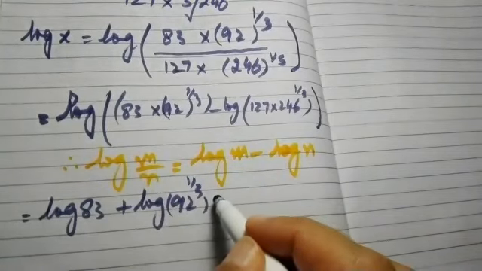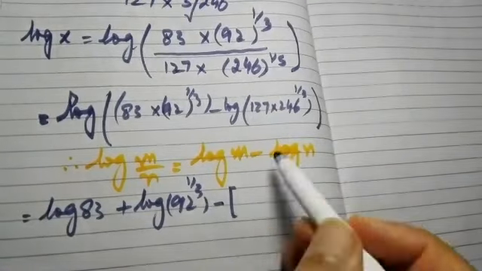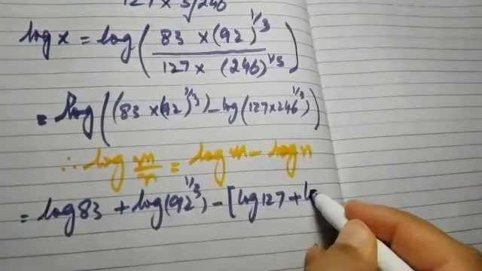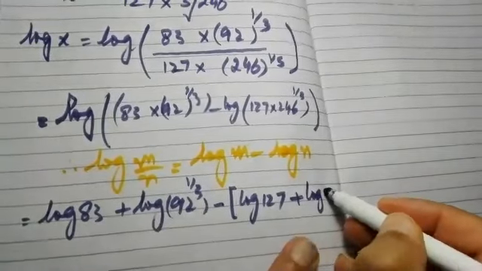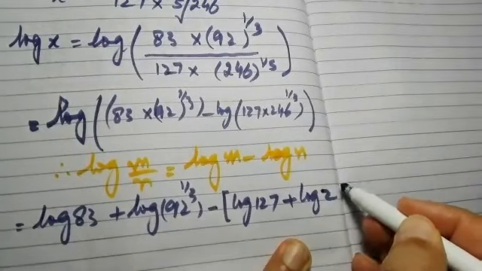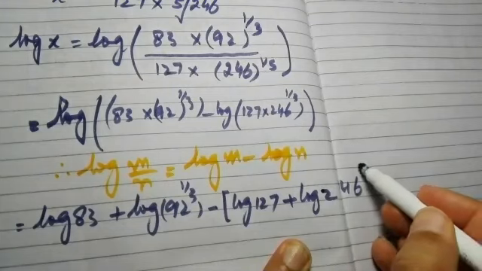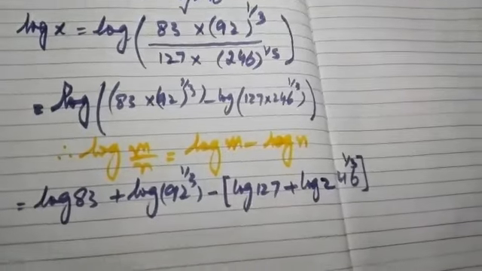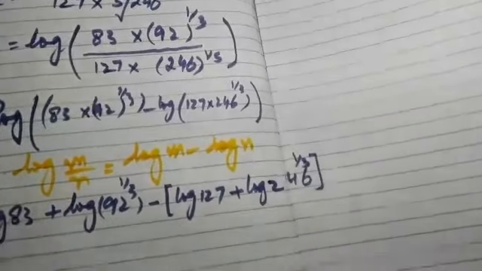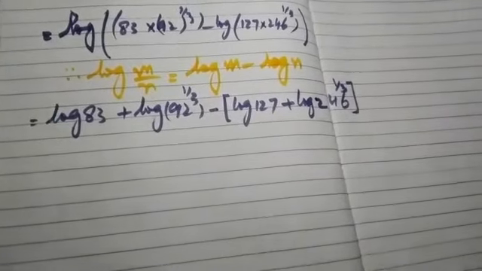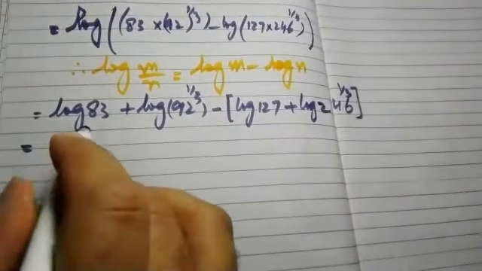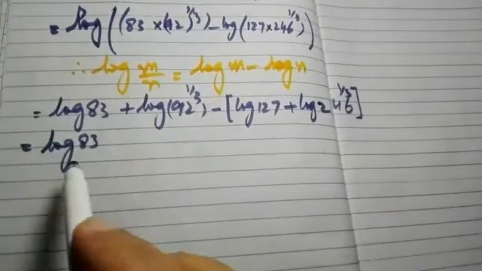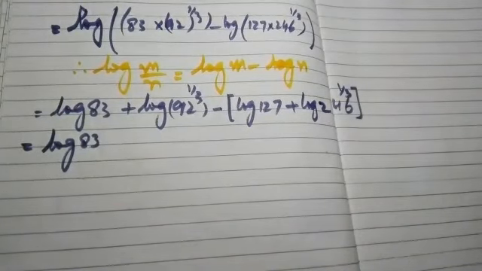Same will be done here. Keep this negative sign out and apply log inside. You would write log 127 plus log 246, its power is 1 by 3, like this one. In the next step, I will write it like log 83. I have not quoted the reference, so I will mention it first.